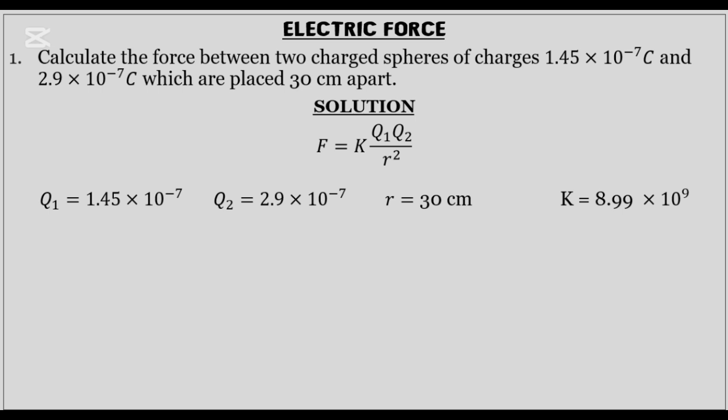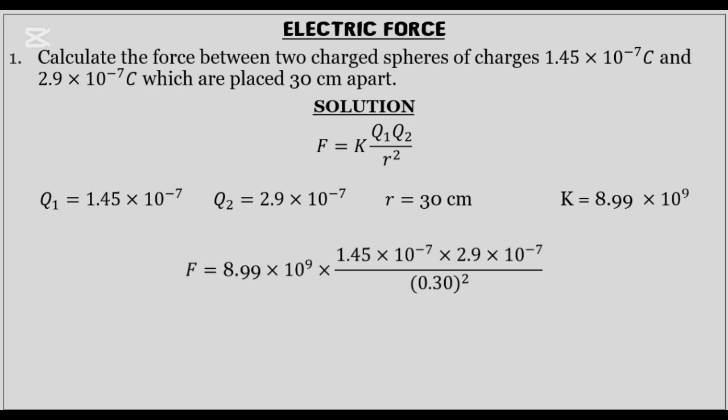So we change R to meters, which will give us 0.3 meters. Now into our substitution, we have F equal to our K, which is 8.99 times 10 to the power 9, then we have charge 1 multiplying charge 2 all over the distance squared. So we change the distance to meters, which is here.